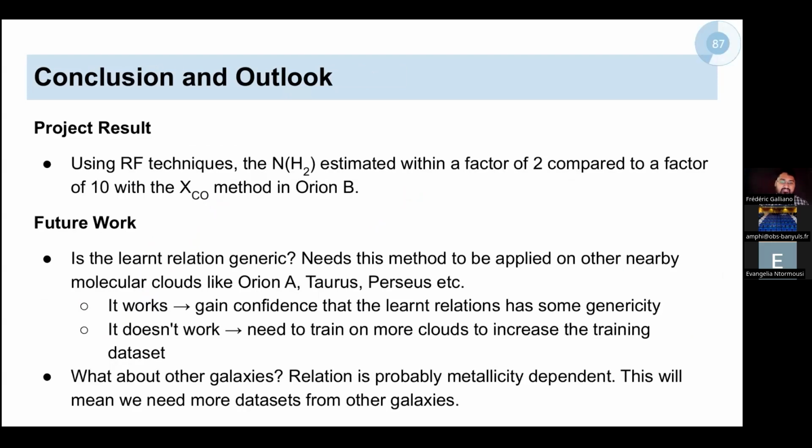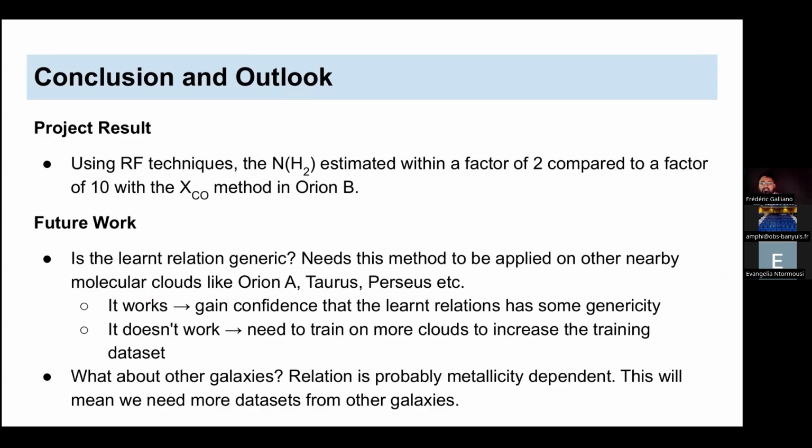So after 13 days of hard work and fun time, we could conclude that using the random forest technique, column densities are estimated to within a factor of 2, as compared to the traditional XCO method, which does it to within a factor of 10.